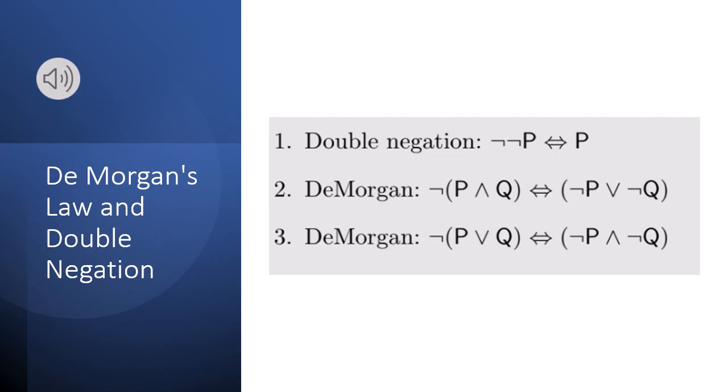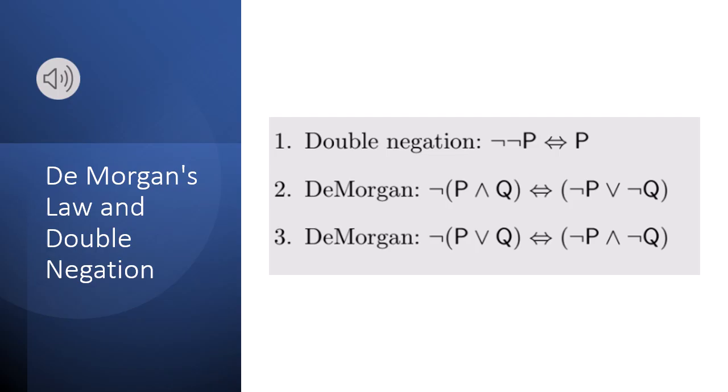But there's a couple of things to point out with this sort of setup. First off is that in these logical equivalences, you'll notice that on one side, for example on line 2, we have a negation and a conjunction, whereas on the other side, we have two negation symbols and a disjunction.